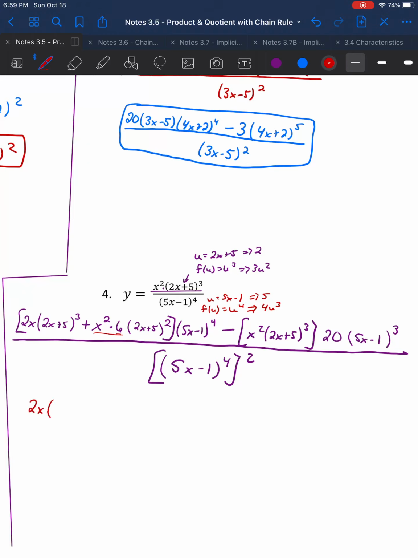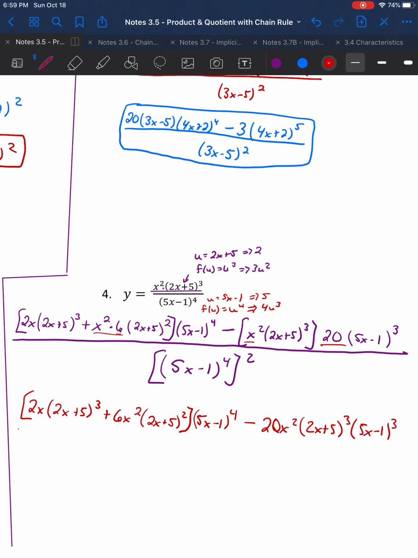Whew, big mess. All right, so kind of maybe clean up just a little bit. Okay, in this big long bracket, there's not a whole lot I can do because there's pluses and minuses involved, but I can at least take the 6 times the x squared. I know that sounds a little like whoop-de-doo, but okay, so now I have all that times 5x minus 1 to the 4th minus, really not a lot I can do here.